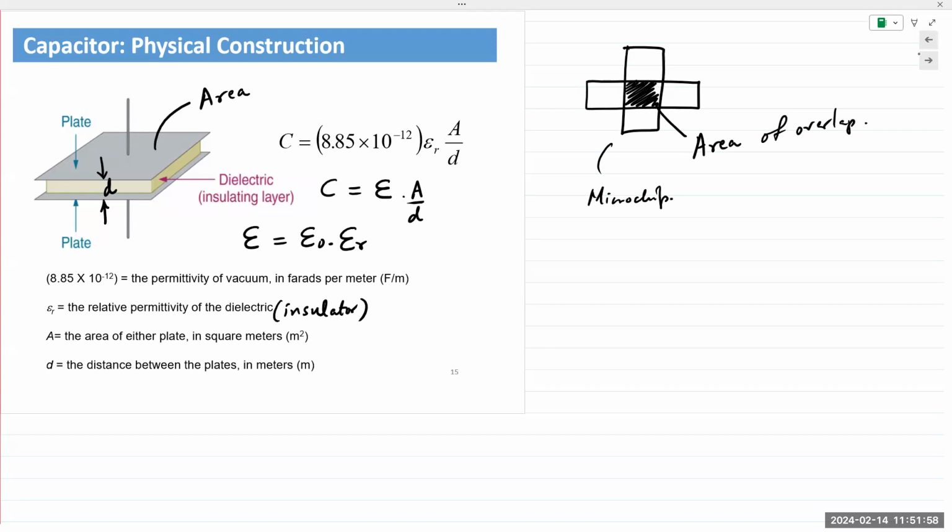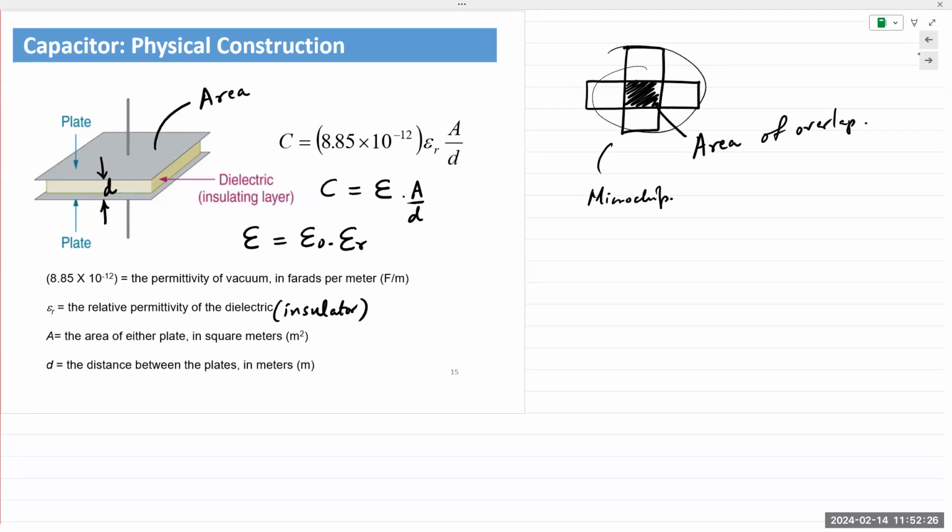But when you have billions and billions of these sections, your signal could get crossed out or short-circuited at any point in the circuit. So again, it's a real life example, and it's a very big hindrance and a very big point to consider during chip design, which is basically the area of the overlap between two plates.